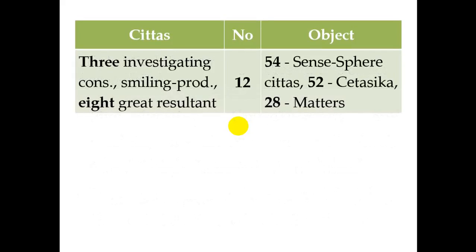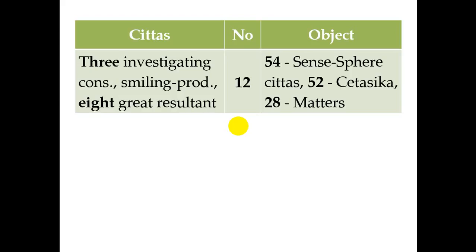Then look at the next one. The next one: 3 types of investigating consciousness, mind-element producing consciousness, and 8 great resultant chaitas. So altogether 12.